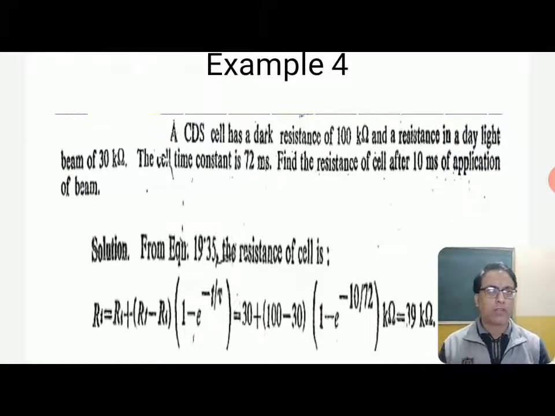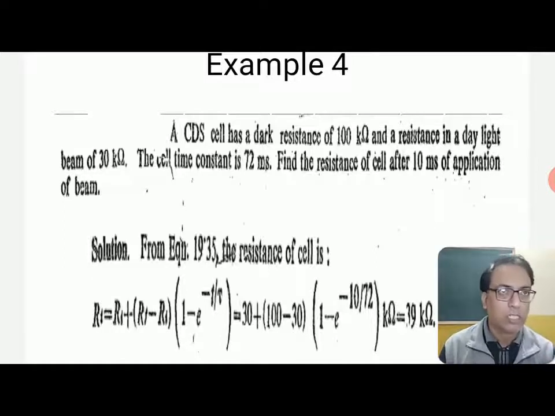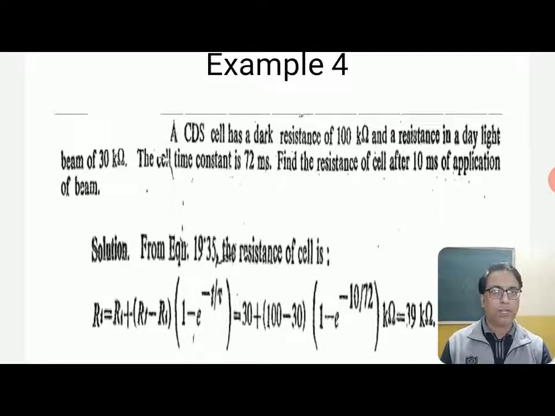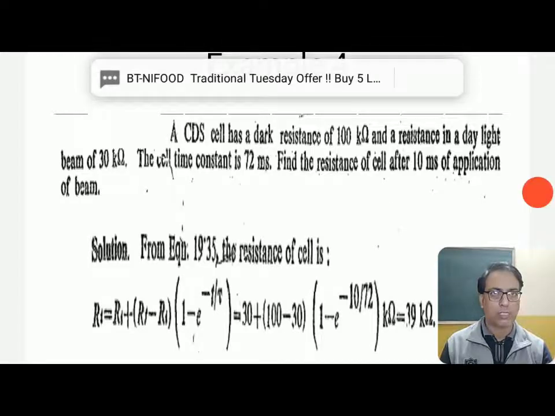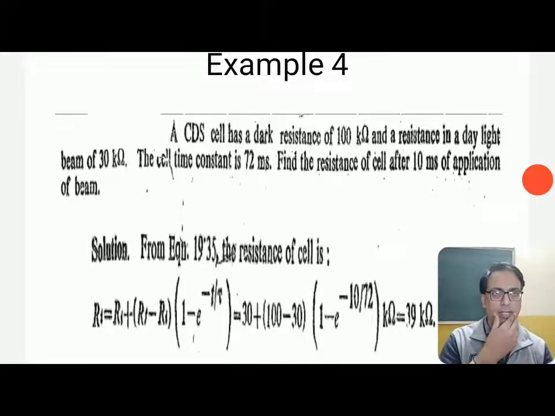Now let us see an example. A cadmium sulfide cell has a dark resistance of 100 kilo ohm and a resistance in a daylight beam of 30 kilo ohm. The cell time constant is 72 millisecond. Find the resistance of the cell after 10 millisecond of application of the beam.